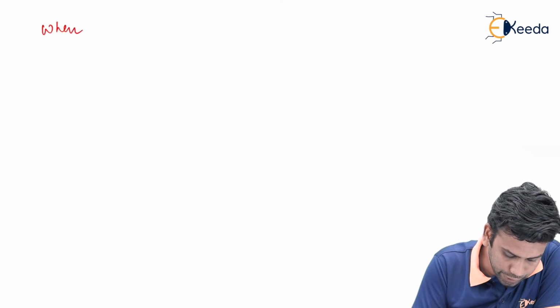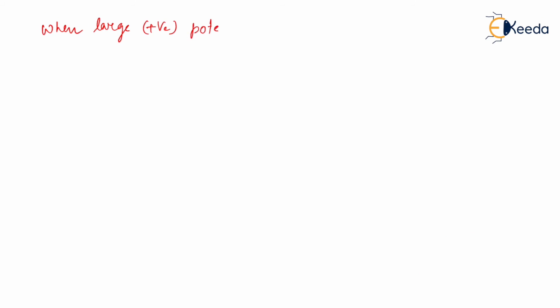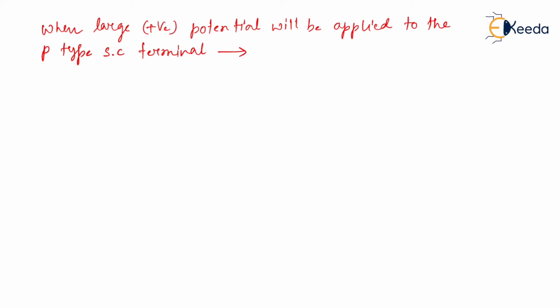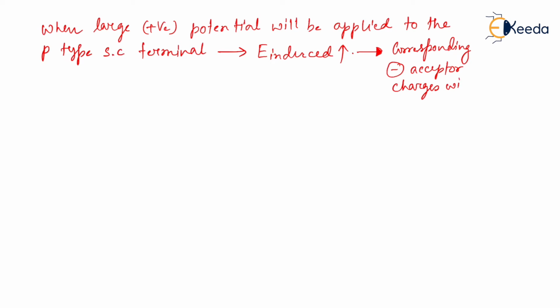when large positive potential will be applied to the p type semiconductor terminal, then we can say that the induced electric field, that is E induced, will increase, and the corresponding positive and negative charges, or corresponding negative acceptor ions, will accumulate in more numbers.